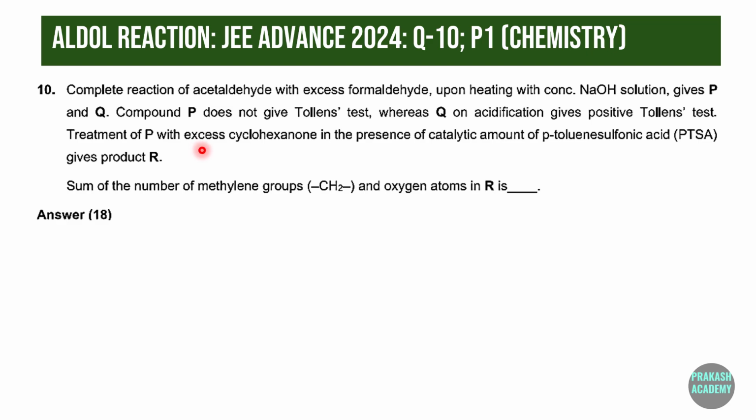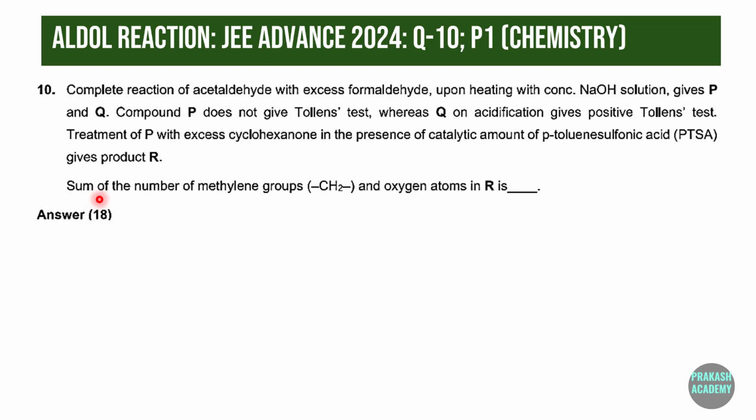This means more than one molecule of cyclohexanone has reacted with P. Furthermore, it says catalytic amount of PTSA. This means it is not participating in the reaction as a reactant or as a product. This is a catalyst, so you can safely ignore it while writing the reaction product or reaction mechanism.